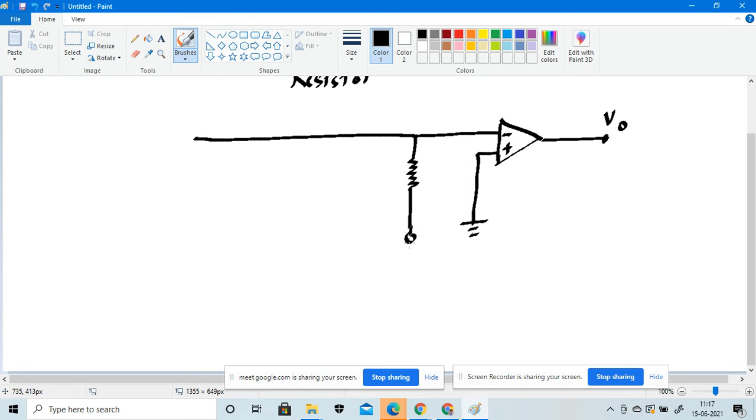Okay, so there we are connecting some switches, and that should be connected with this. Okay, so suppose this is your R. Again we are considering this switch.